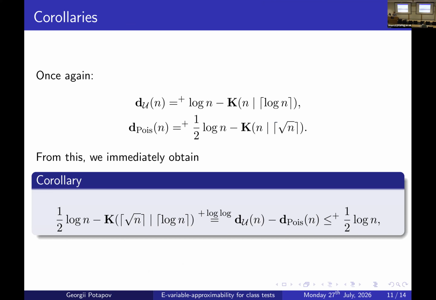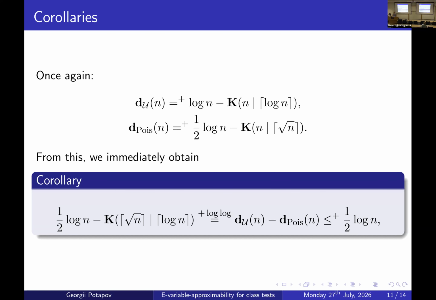and get more inequalities or equalities that can estimate the difference between how non-random n is if we assume that it comes from some uniform distribution versus how non-random n is when we assume that it comes from some Poisson distribution.